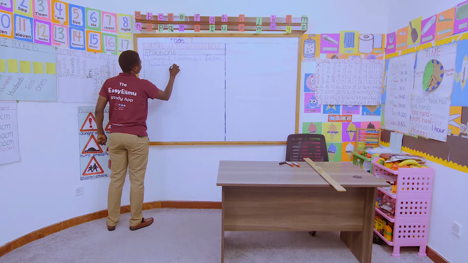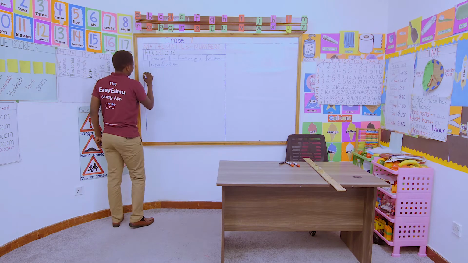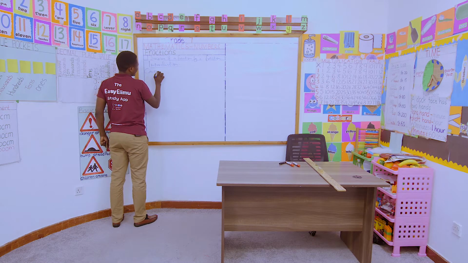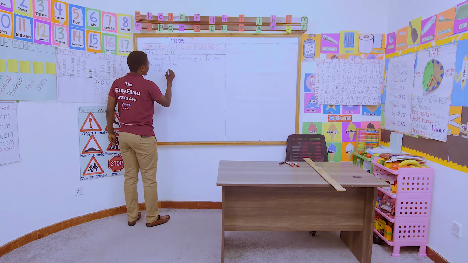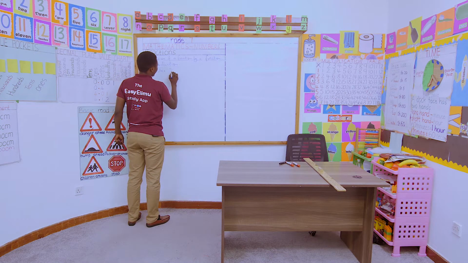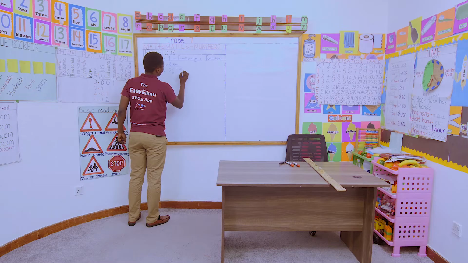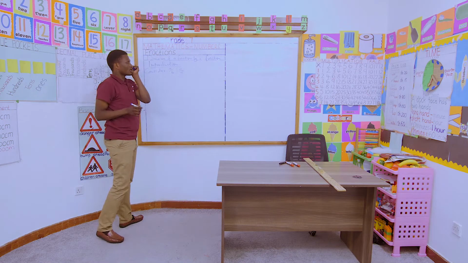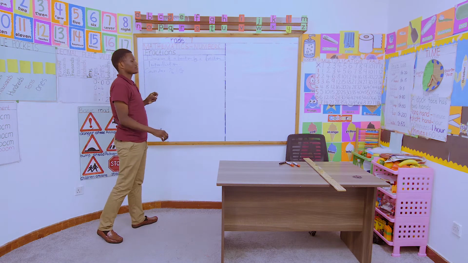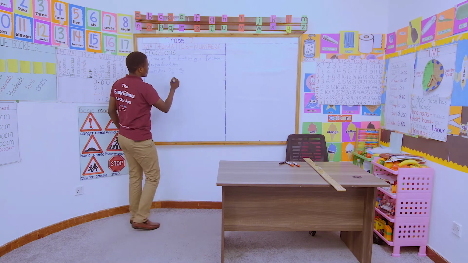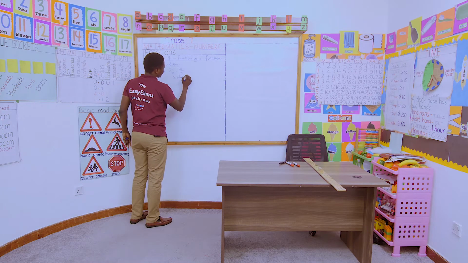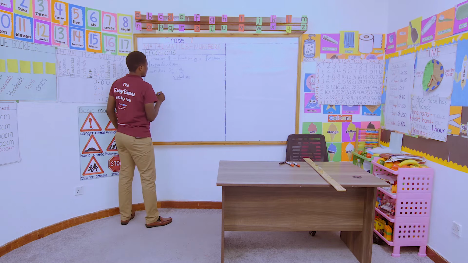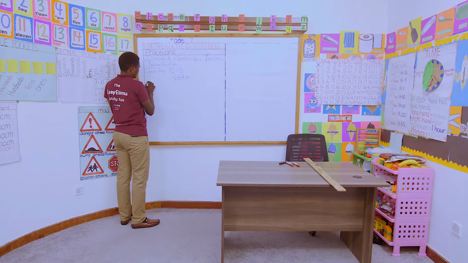Under introduction, you can say, consider A over B divided by C over D. A over B divided by C over D. So solution: solve.